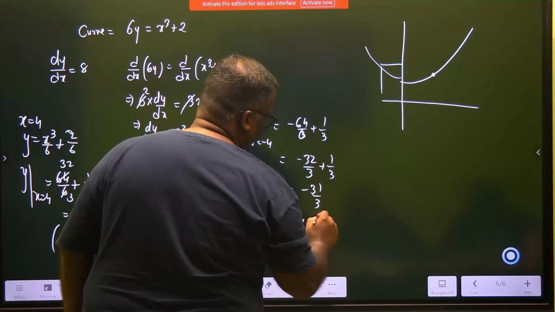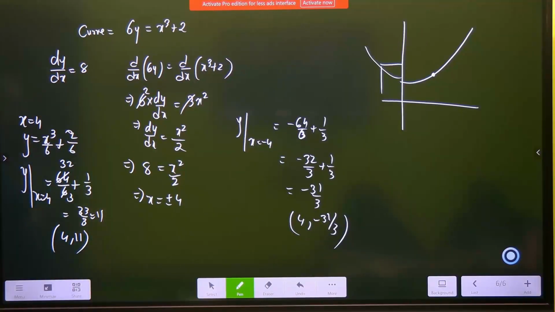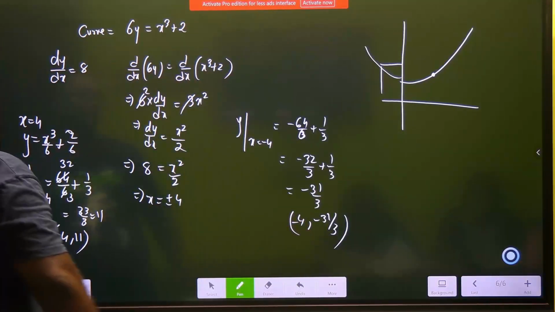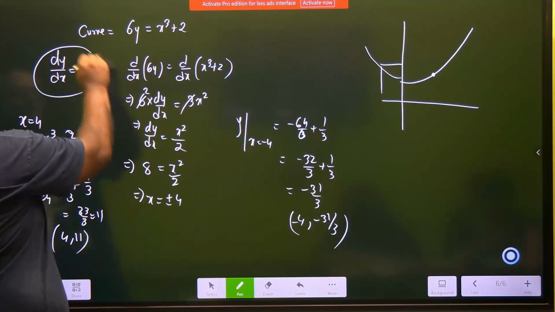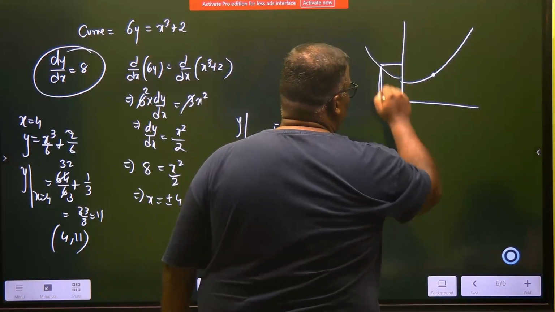So it's (-4, -31/3). This is your next point. Is it tallied with the answer? Understood? You're supposed to do it like this. dy/dx is 8. Every time the rise over run ratio is 8.